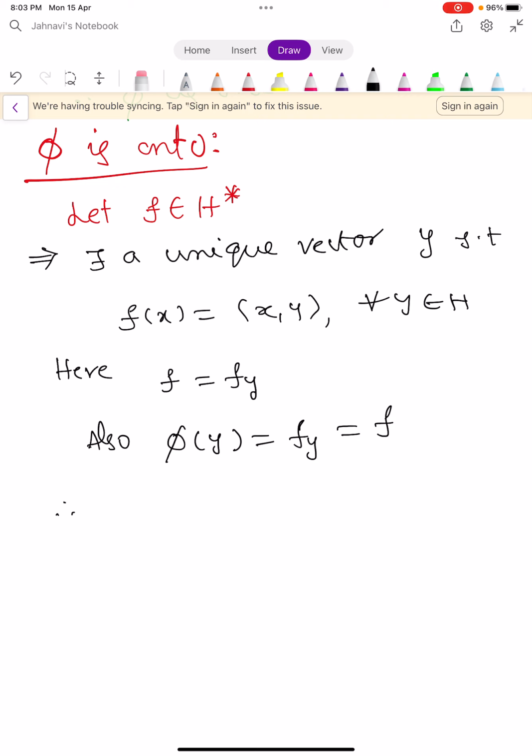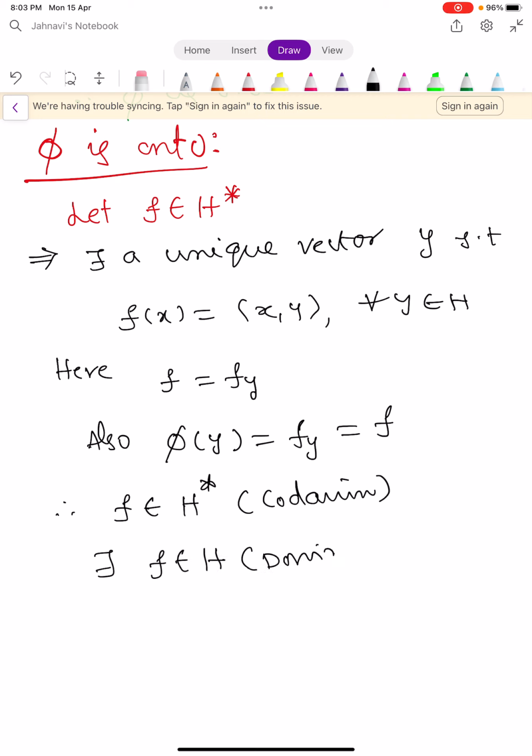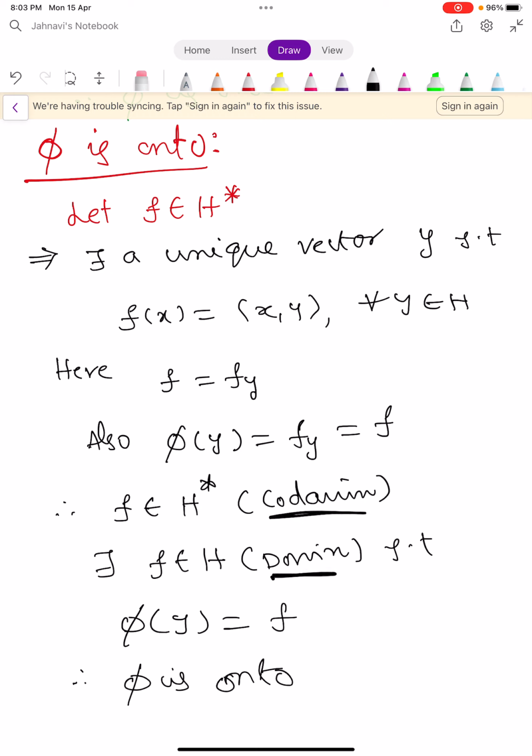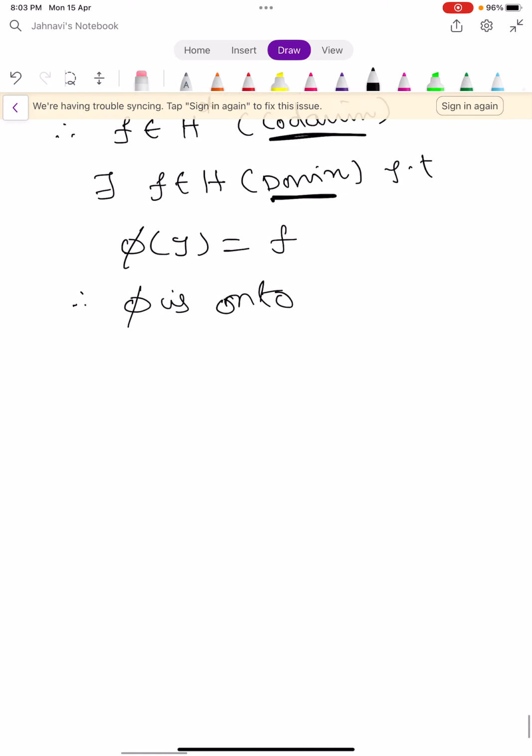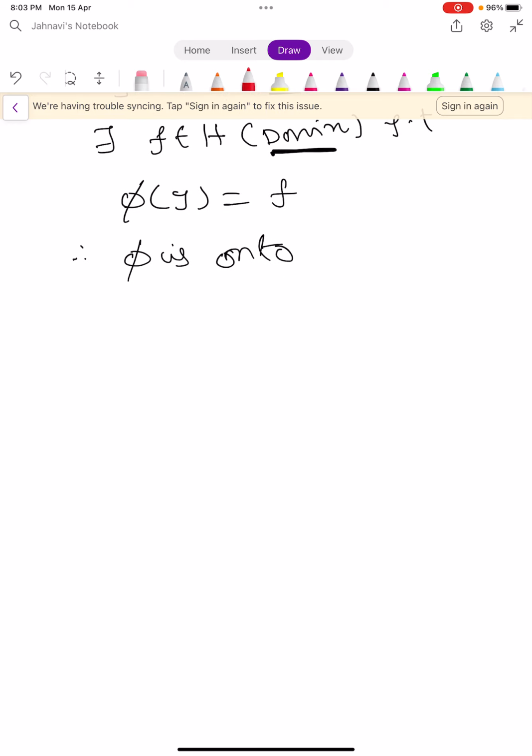What it means is that for every f belongs to H star, which is the codomain, there exists an element y that belongs to H, the domain, such that pi of y is equal to f. Therefore, we conclude that pi is onto. That is the onto definition: every element of the codomain has at least one pre-image in the domain. Therefore, pi is onto.